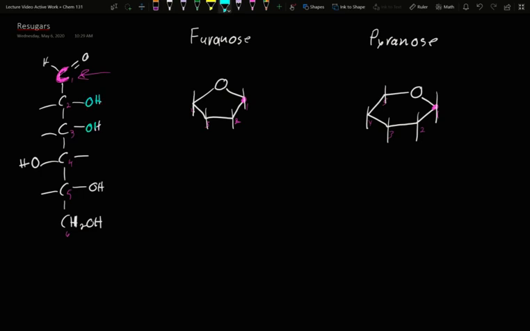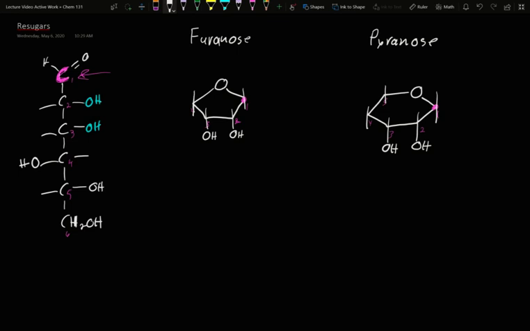Carbon 2 and carbon 3 both have their OH on the right. When you tip over a Fischer drawing to turn it into a ring drawing, any right side OH will be down in the ring. And so carbon 2's OH will be down. Carbon 3's OH will also be down, and that'll be true for both the pyranose or the furanose.